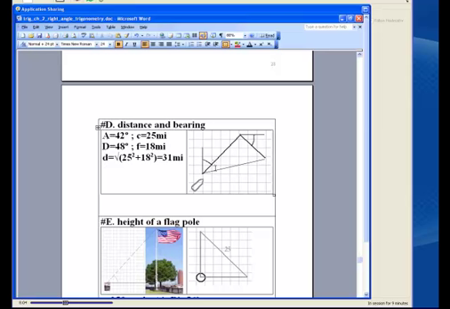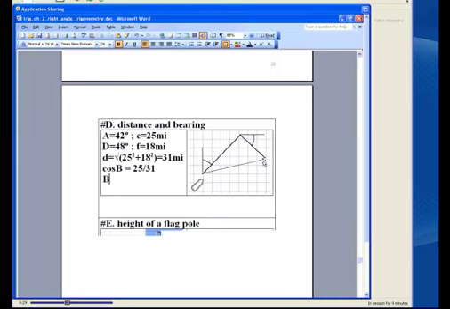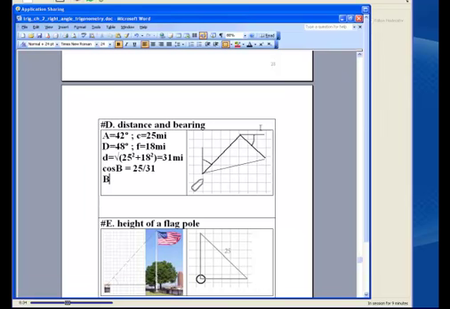If this one is an angle, which I may call angle B, then cosine of that angle is the adjacent, which we know, which is 25, divided by the hypotenuse, which we just determined, 31. So that angle B comes out to the inverse cosine of 25 over 31.